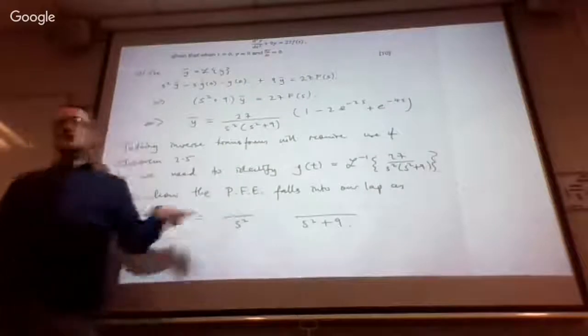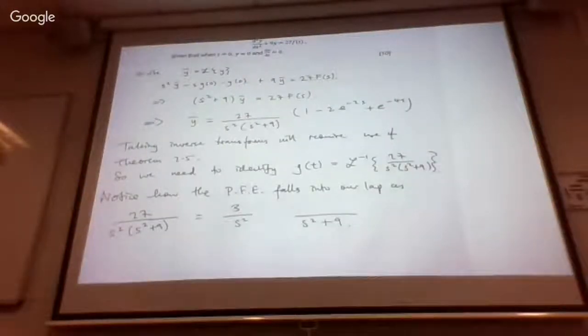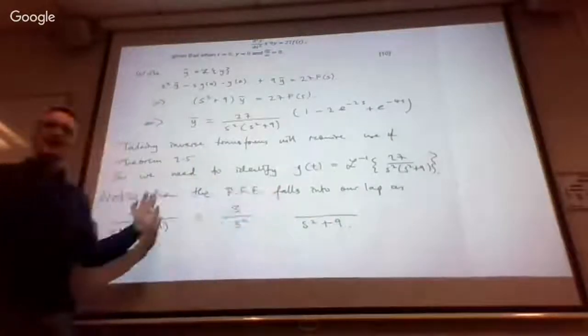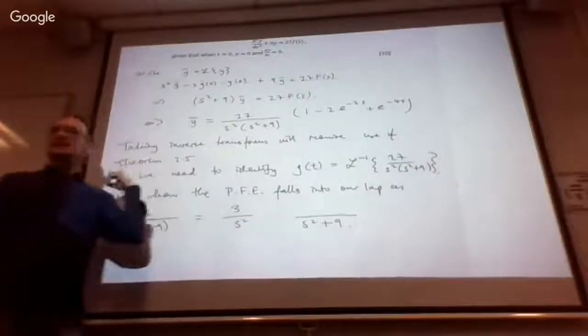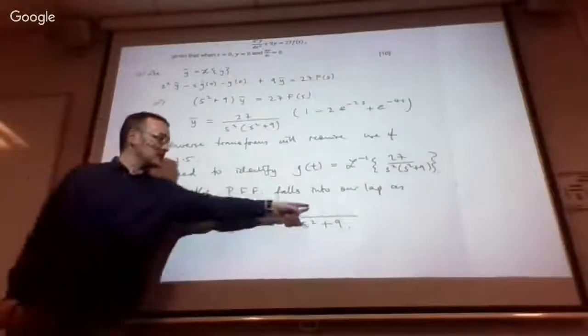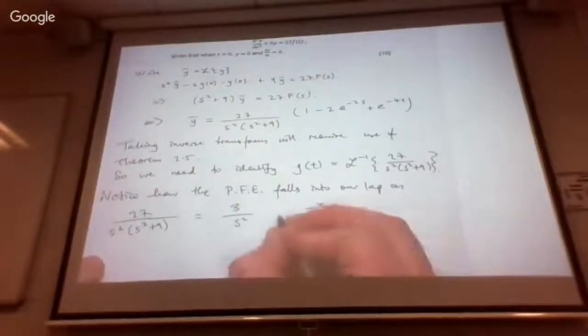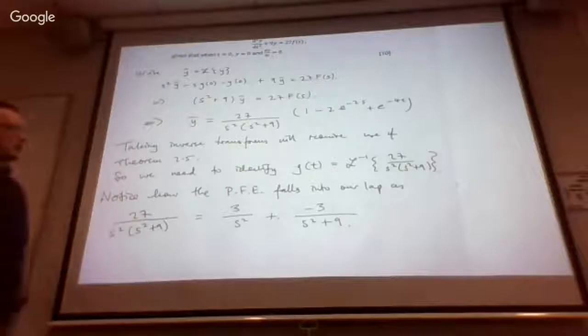Well, if I stick a 3 up here, when I collapse the two together, that 3 will multiply s squared plus 9. The 3 times 9 gives me 27. The 3 times s squared will give me 3s squared, which you can't see here. So I can cancel that away by putting a minus 3 here. So that's the partial fraction expansion of those two.